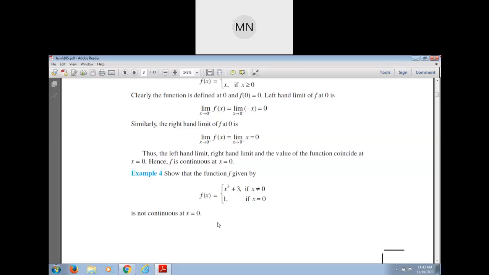So see that here, according to the definition of the function, f of x equals x cube plus 3 if x does not equal 0.